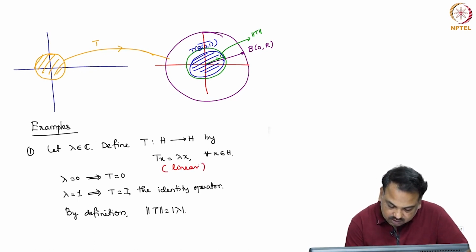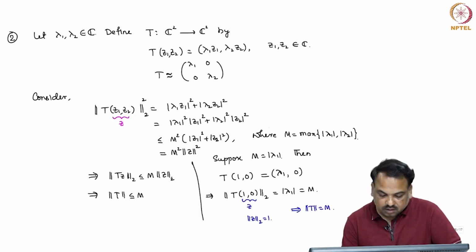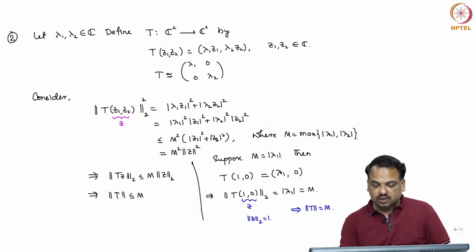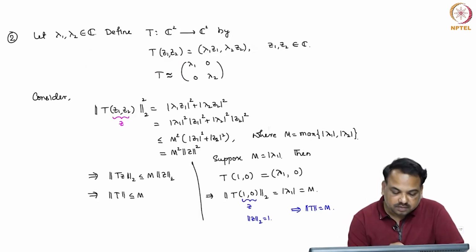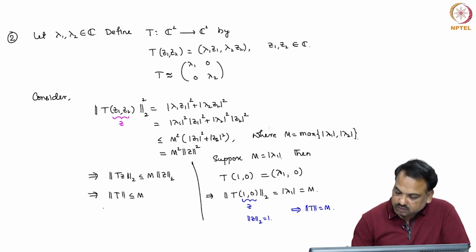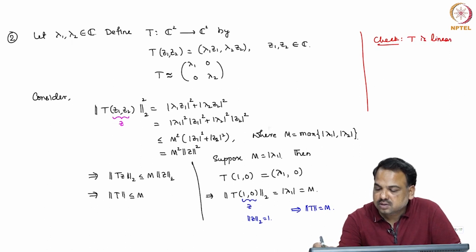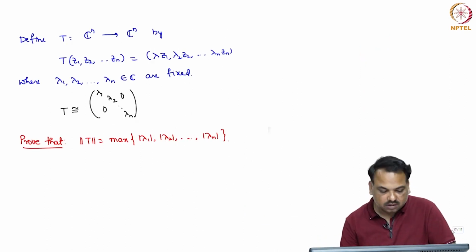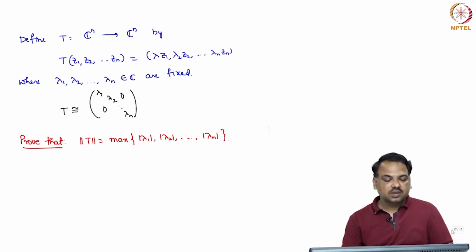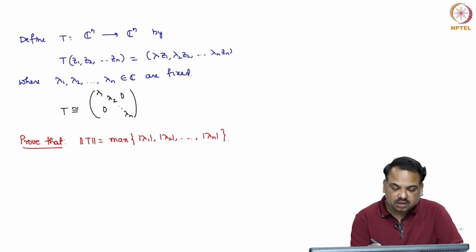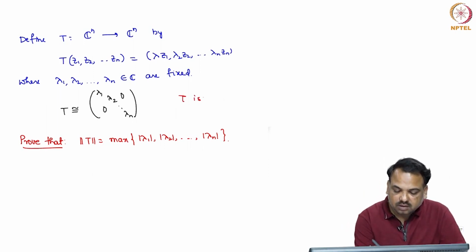Linearity is easy to check, and in the second case also it is easy to check that T is linear. So using a diagonal matrix we are able to get a linear transformation, and we also found the norm of T.